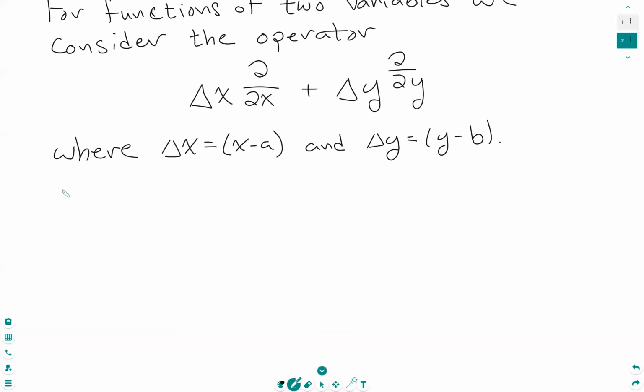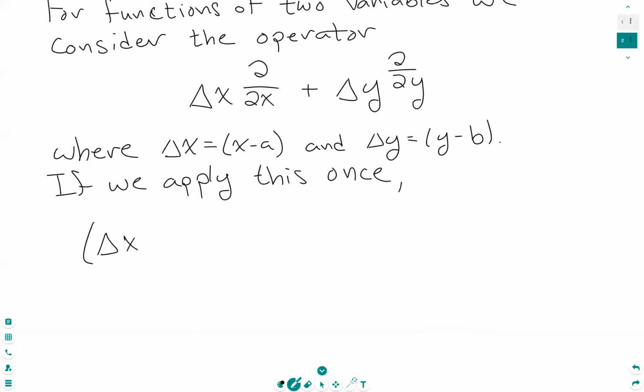So what we do is if we apply this operator once, we have delta x partial with respect to x plus delta y partial with respect to y, and it acts on a function of x and y.